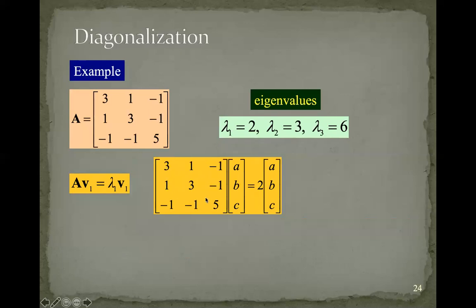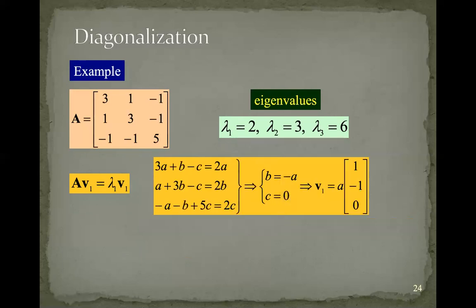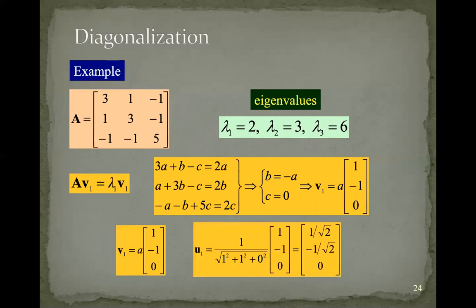So we know that the matrix multiplied by the eigenvector equals lambda multiplied by the eigenvector A, B, C. So solving for the values of A, B, and C, we have the first eigenvector equal to a constant A multiplied by the vector 1, minus 1, and 0. Then we want to standardize this vector to a length of 1 to find the value of A.